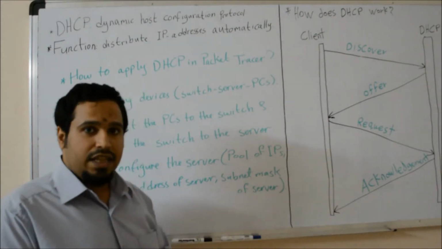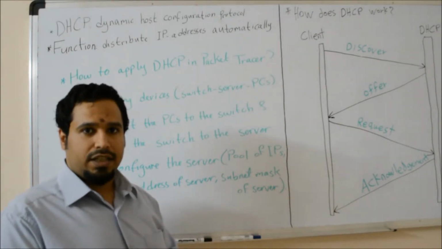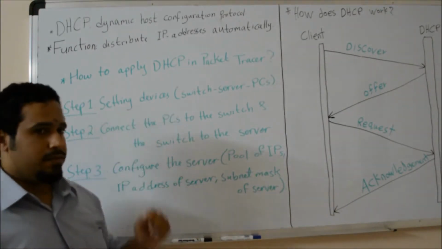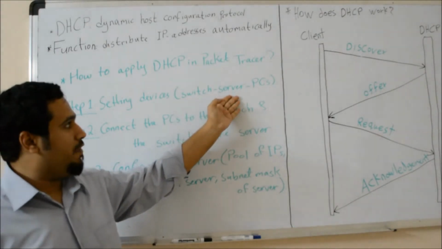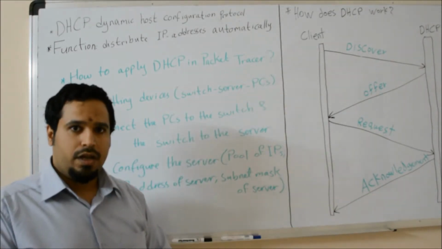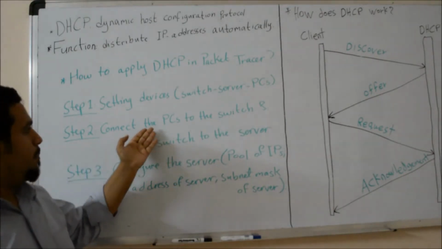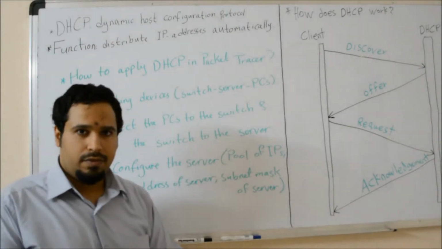Now, let's see the three steps that should be followed to apply the DHCP in Packet Tracer. The first step is setting devices. The devices are a switch and a server and PCs. The second step is to connect the PCs to the switch and the switch to the server.